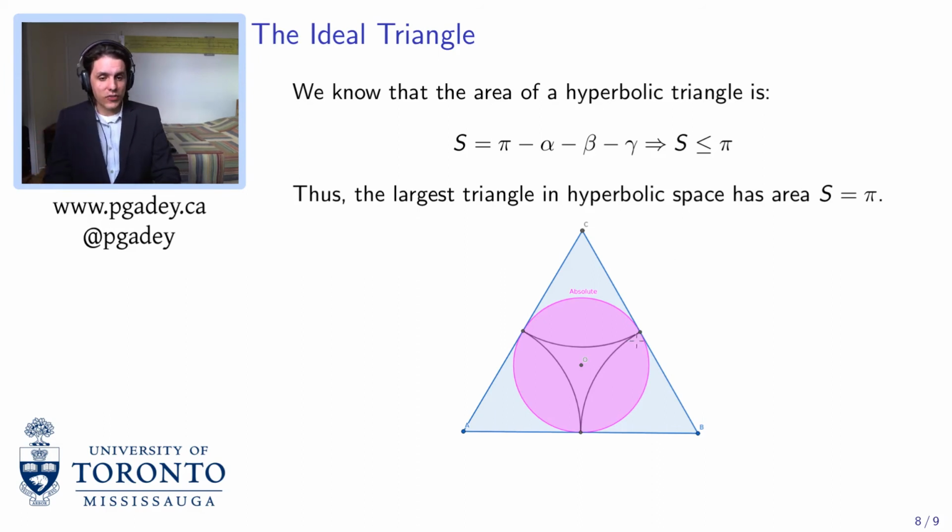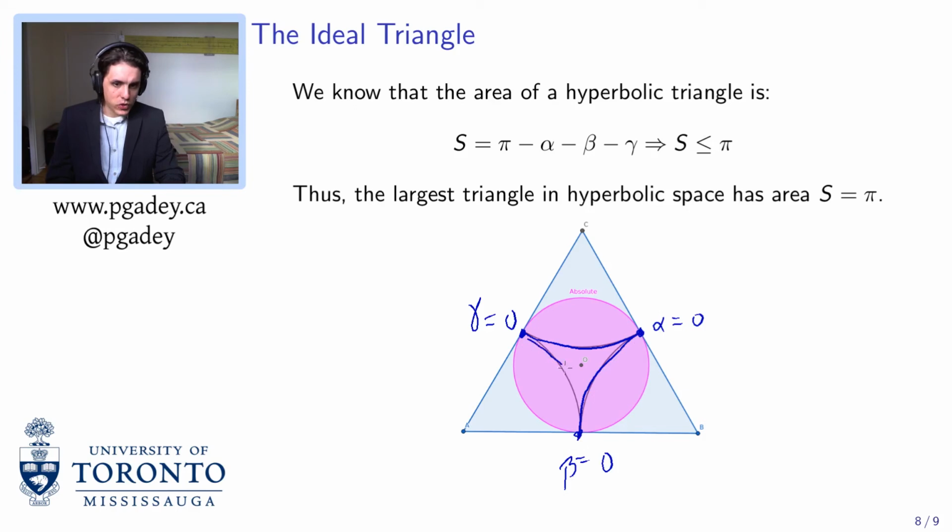And we can make it in the following way. If we pick our angles to be alpha equals 0, beta equals 0, and gamma equals 0, we wind up with a triangle that has all of its vertices on the absolute and has total area equal to pi.